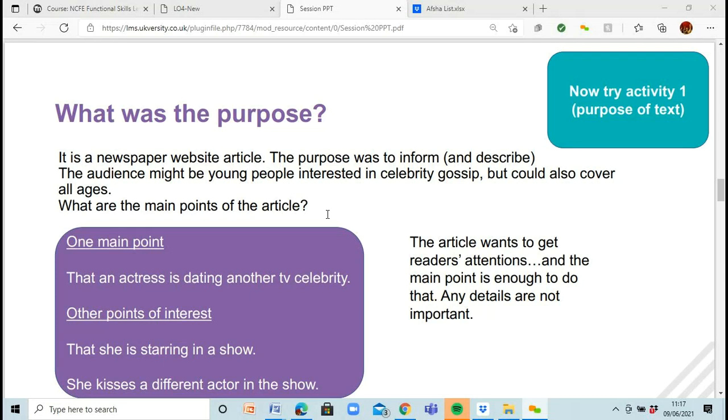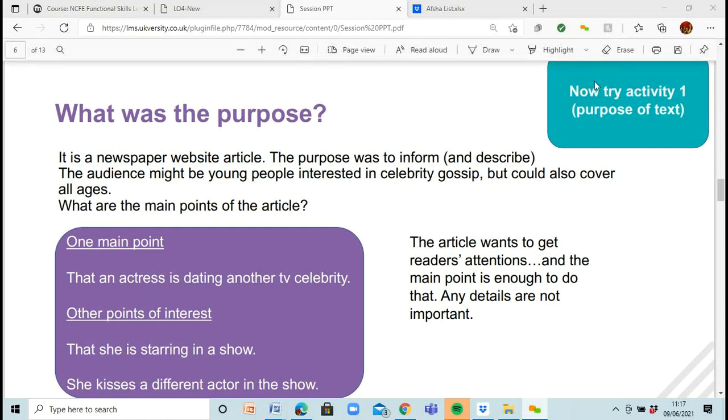So what are the main points of this article? One of the main points is that an actress is dating another TV celebrity. The other main points of interest are that she's starring in a TV show and she kisses a different actor in the show. This article just wants to get your attention.